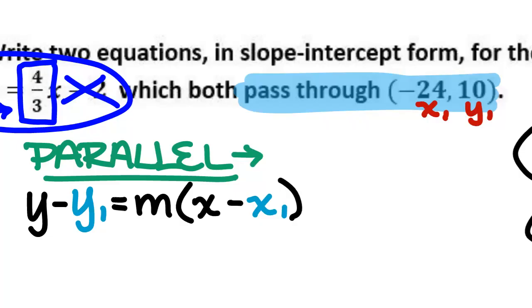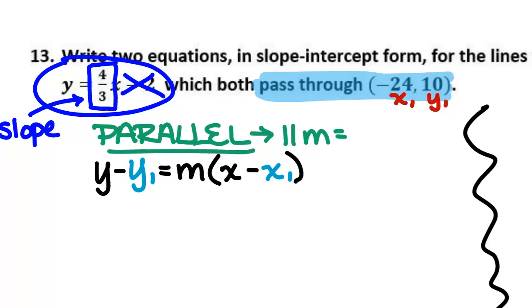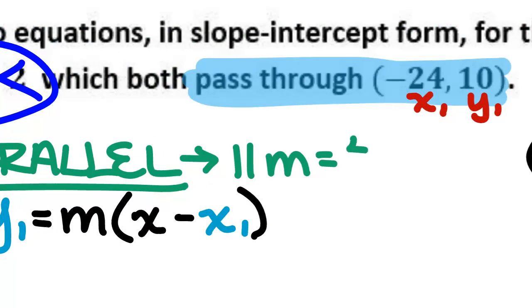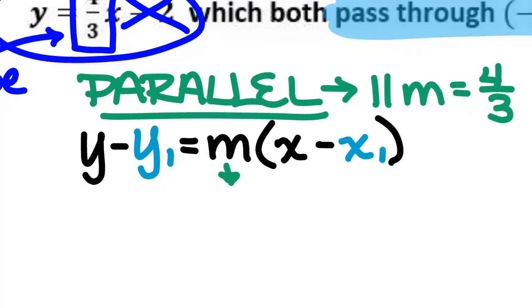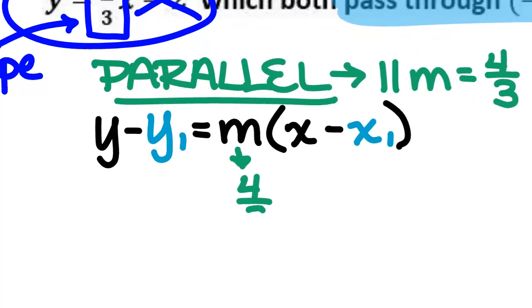What will the slope be? 4/3. So that's what we put in the place of the m, 4/3. Not because that's the slope of the given line, but because we wanted the same slope as the given line so that it was parallel.